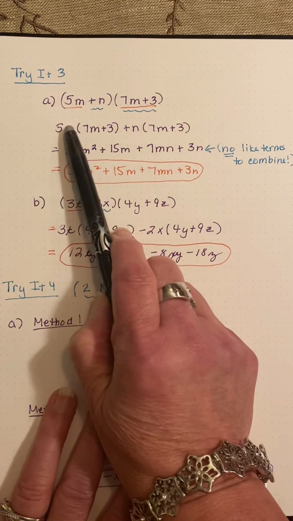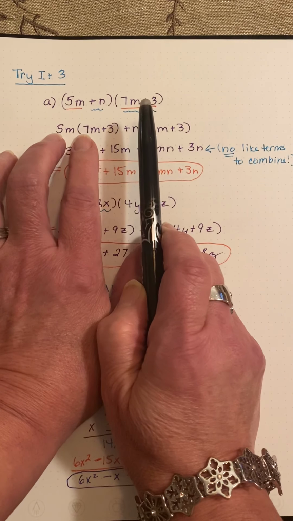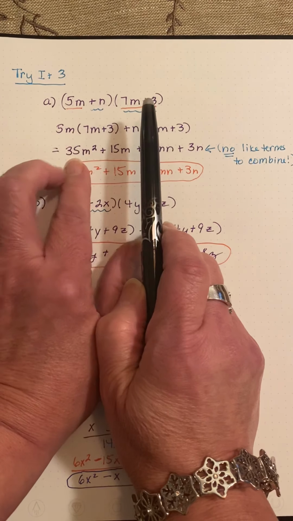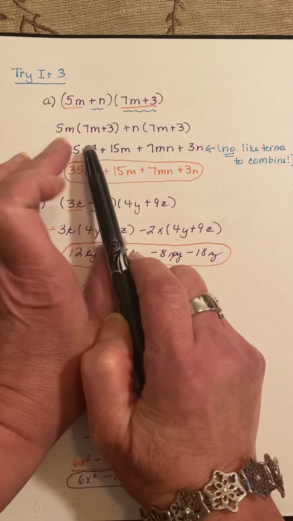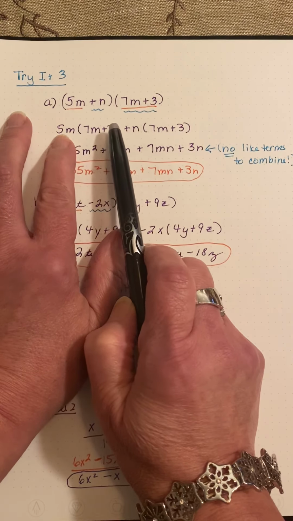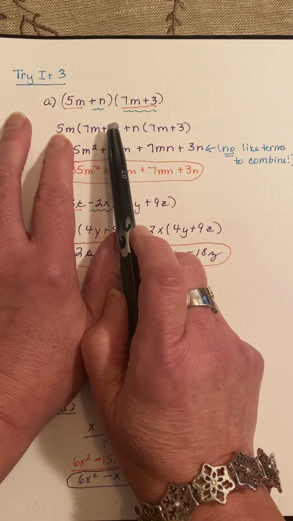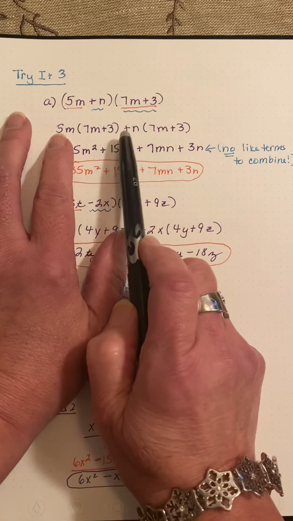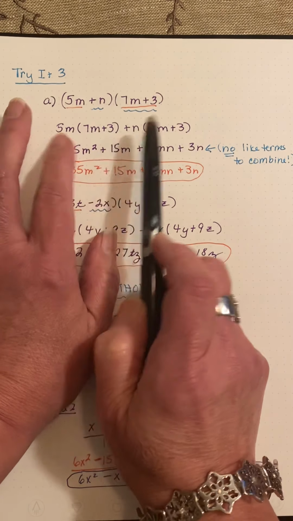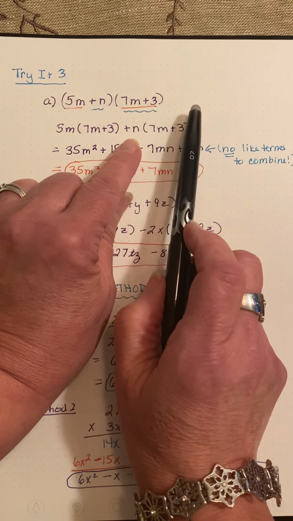So 5m times 7m. I multiply the two numerals, 35, and then m's, there's two of them, it's m to the second. Then 5m times positive 3 is 15m. Now, the nice thing is it's all positive, so it's all going to be positives.